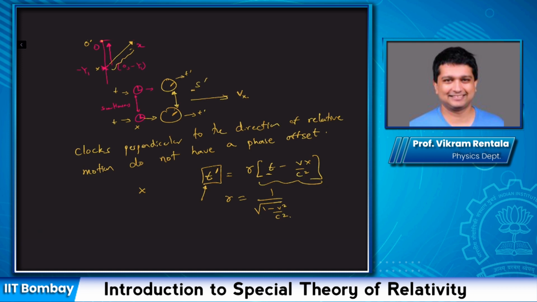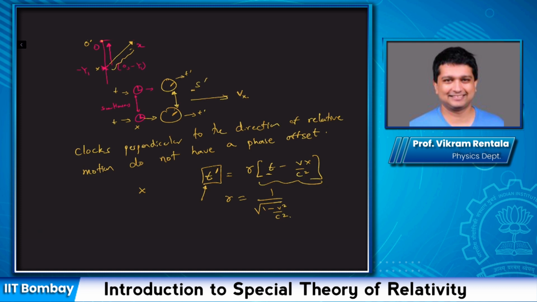So the length of this rod, according to observer S prime, would be given by a simultaneous measurement of its y coordinates, and you subtract the difference between them, and that should result in the length of the rod as measured by the moving observer. And similarly, the length of the rod as measured by the ground observer should be y2 minus y1, which is the length of the rod as seen by the ground observer.